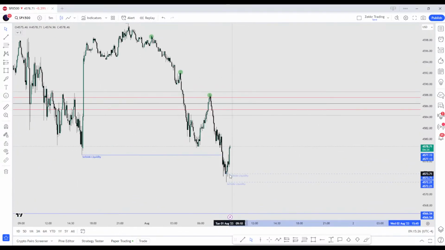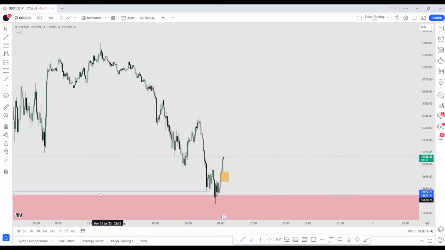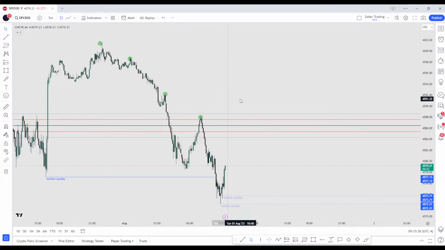Both, because ICT said rejection blocks act just like support and resistance. I mean, if price comes into this rejection block, then it acts just like support and resistance. I'm sorry, I messed up twice in a row. Yeah, if price comes into the rejection block, it's the same as if it would sweep liquidity. I didn't mind, but I wasn't thinking about what I was saying.